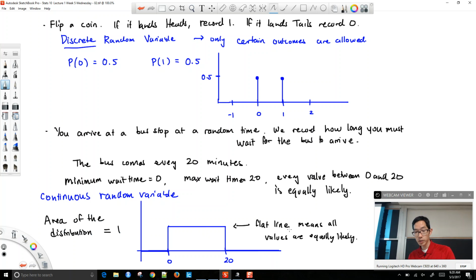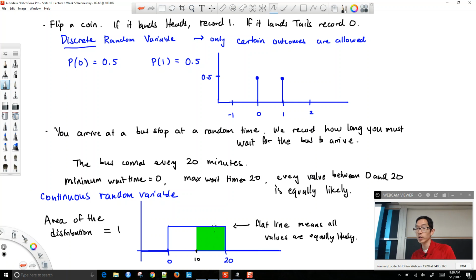So if I said, what is the probability that we have to wait over 10 minutes? Represented by drawing a line at 10 and then shading in the region above 10. Okay, I said, what is the probability I have to wait over 10 minutes?